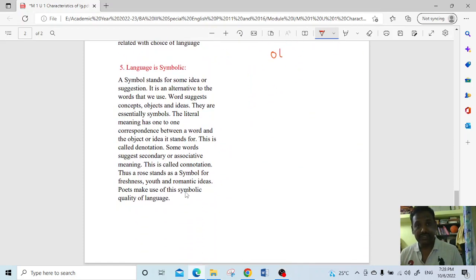Now, the last feature, which is also very important, language is symbolic. It means that it contains symbols. Language is symbolic. It means in any language, there are symbols. Now, these symbols stand for some idea or suggestion. For example, see, words suggest concepts, objects, and ideas.